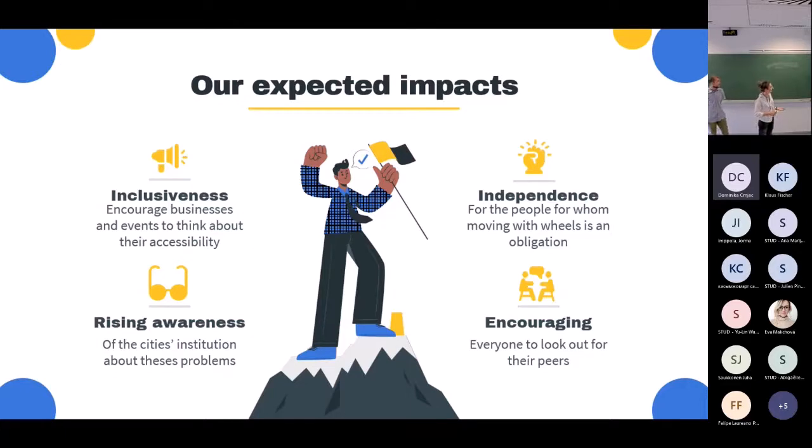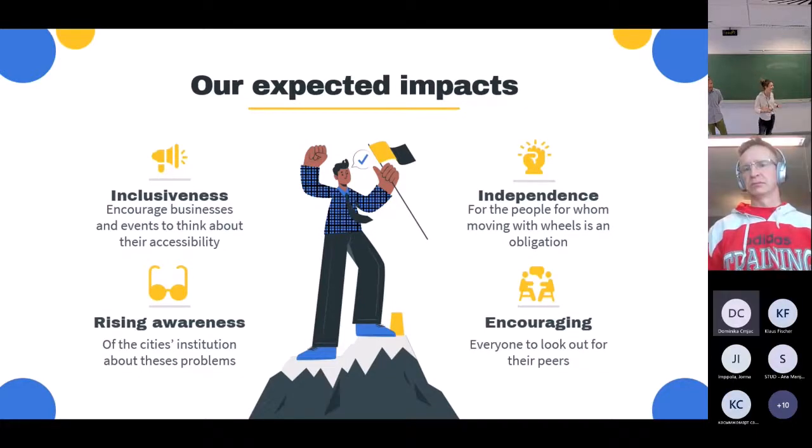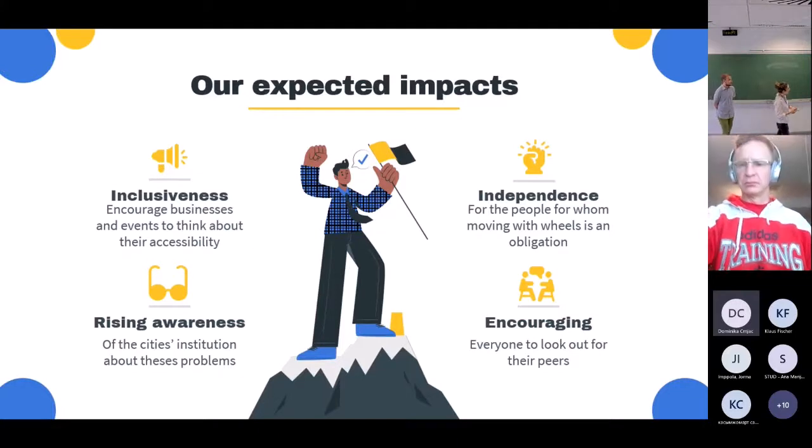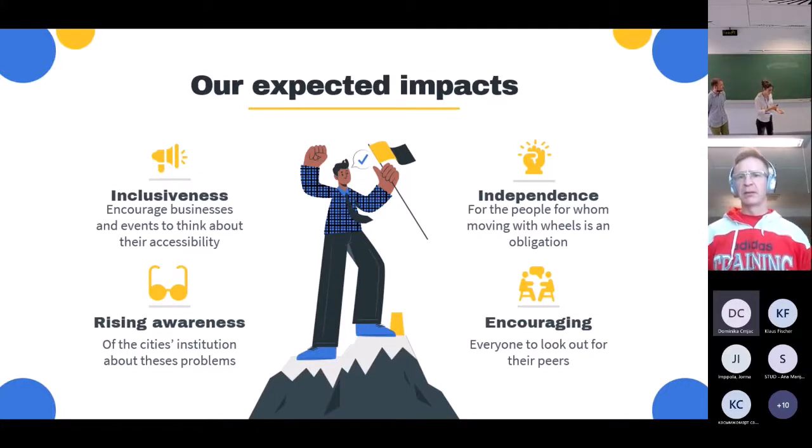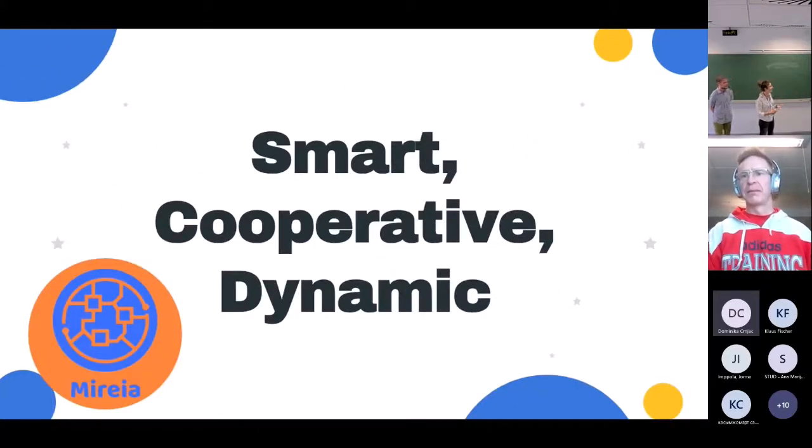We want them to be free to move as they want in the city. Then we want to raise awareness among cities and institutions about this problem, and finally encourage everyone to look out for their peers. So this is a smart, cooperative, and dynamic solution for the people who need it.